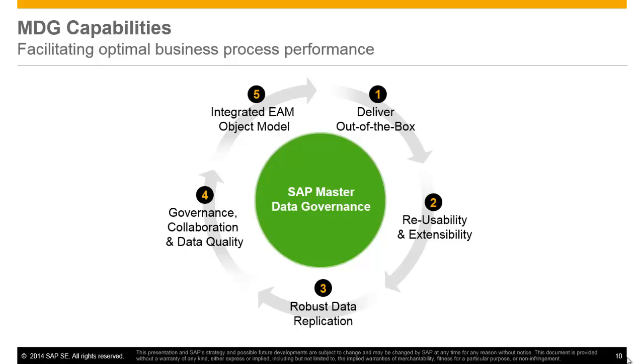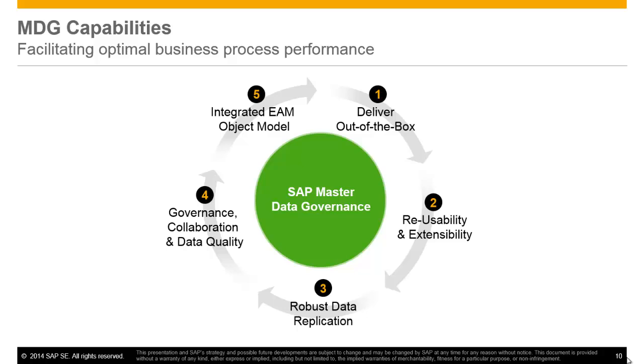So the MDG capabilities that we're going to be highlighting here: out of the box content, so delivered data models, a delivered framework for governing your master data, delivered workflows that you can use, build on, enhance, extend, role definitions for typical roles, again designed to be built and extended. Reusability and extensibility, so reuse of back-end structures, familiar tie-ins to those back-end structures, and the ability to extend that to meet your needs across an enterprise.